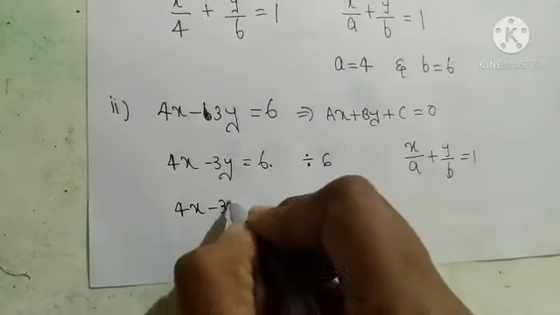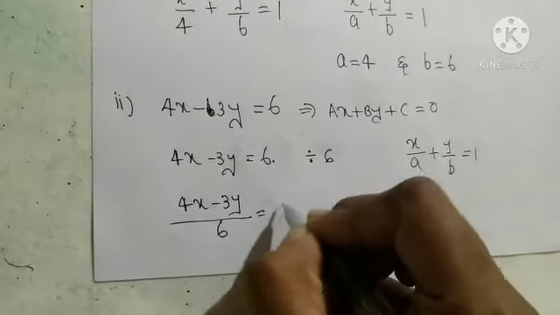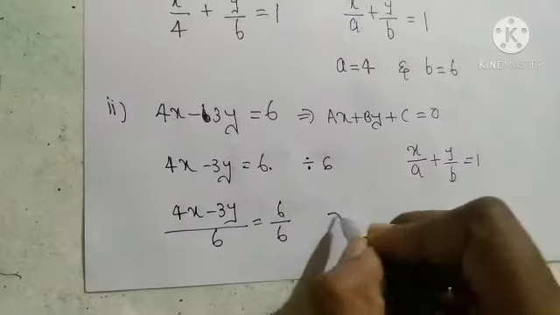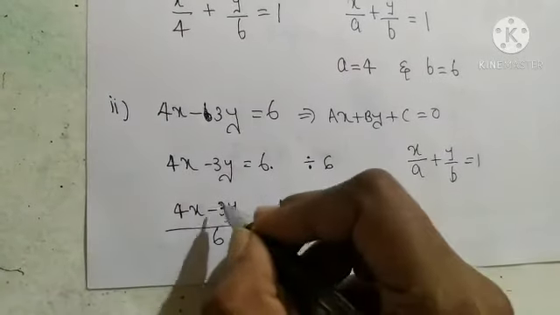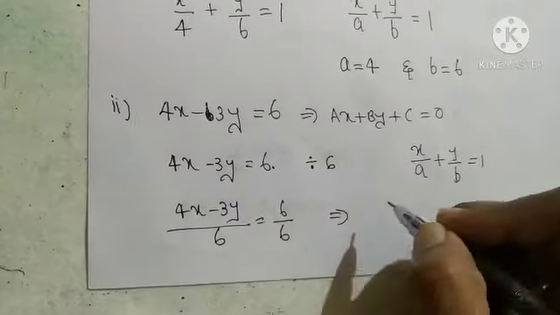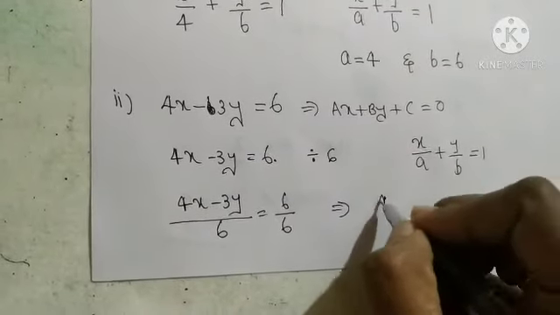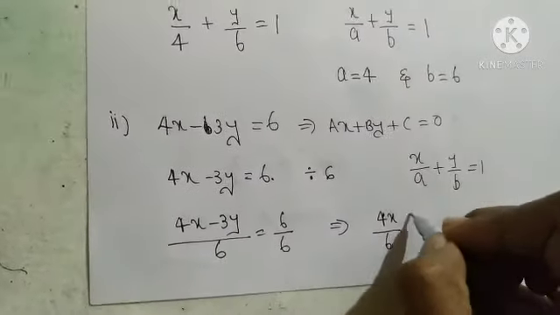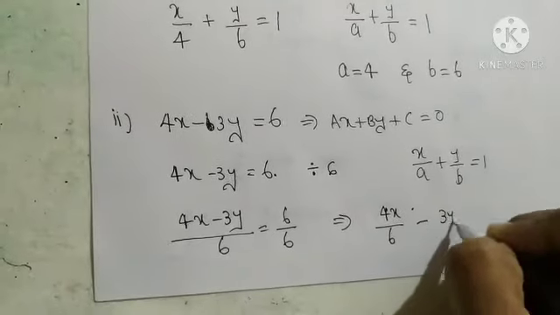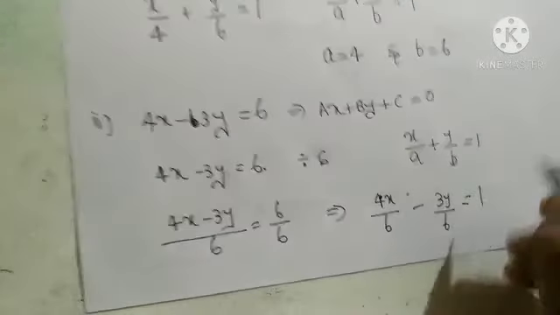and we get 4x minus 3y whole divided by 6 equal to 6 by 6, and this will further equal to, on our LHS I am going to divide individually, and we get 4x by 6 minus 3y by 6 equal to 1.